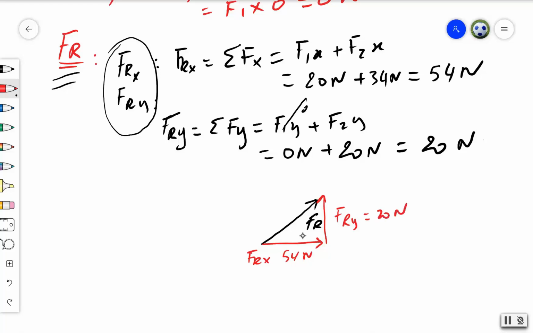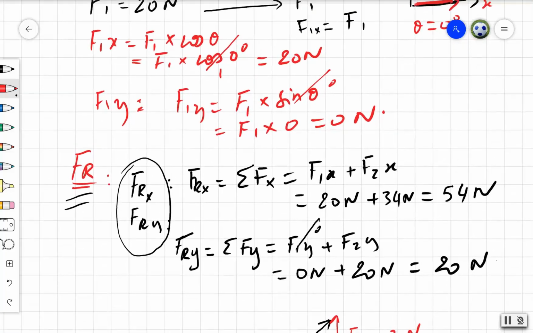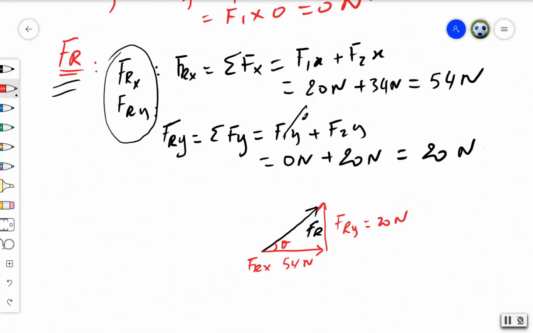Now what I don't have here is theta. What is the direction of FR, the resultant force? I got the force components from F1 and F2, but what I'm missing is the direction, and the magnitude, because these are only the components on the y-axis and x-axis. From this right triangle, this is the hypotenuse, and these are the two sides, the adjacent and the opposite.